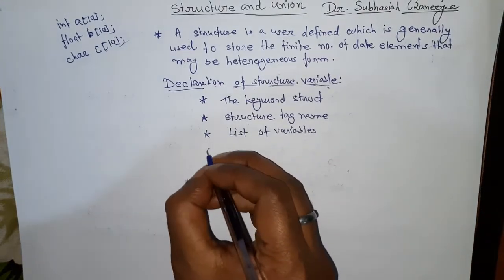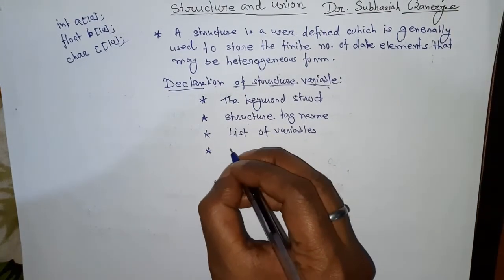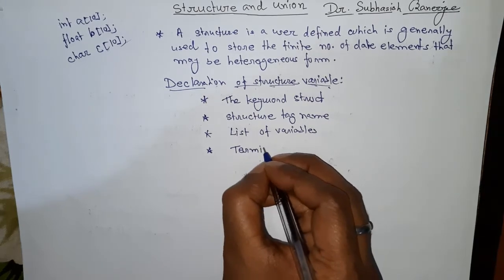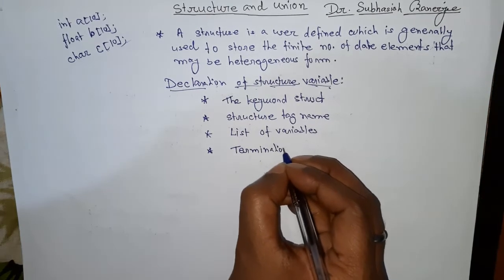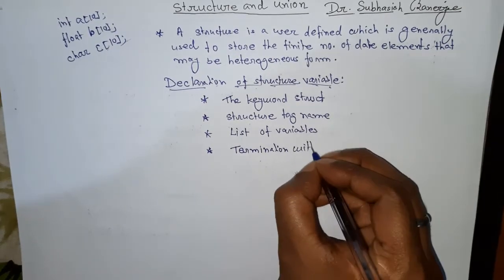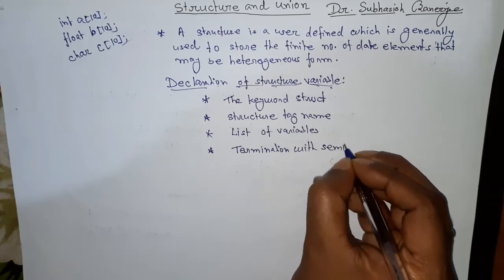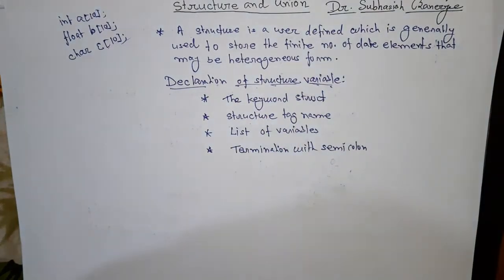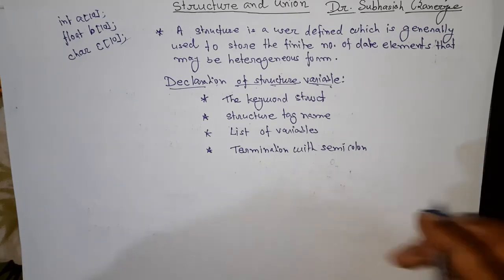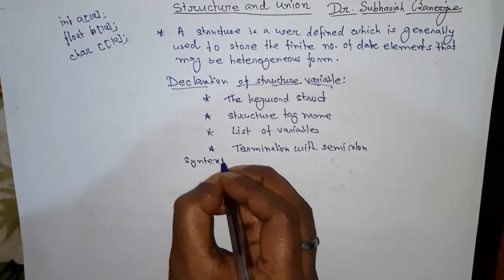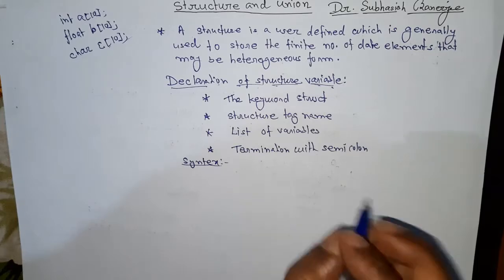And fourth, it must end with a semicolon. So these are the four things you should keep in your mind once you want to use a structure. Based on these four rules, we can define the syntax.